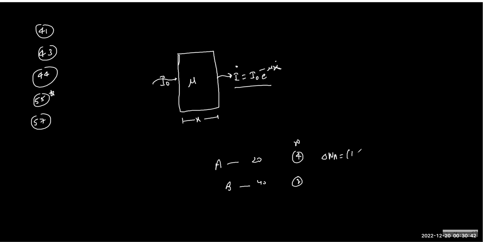Delta M, 1 minus 1 by 2 power n, right? So the number of decay will be how much? 1 minus 2 power 4, 1 minus 2 power 2, right? Am I right, guys? Tell me yes or no.